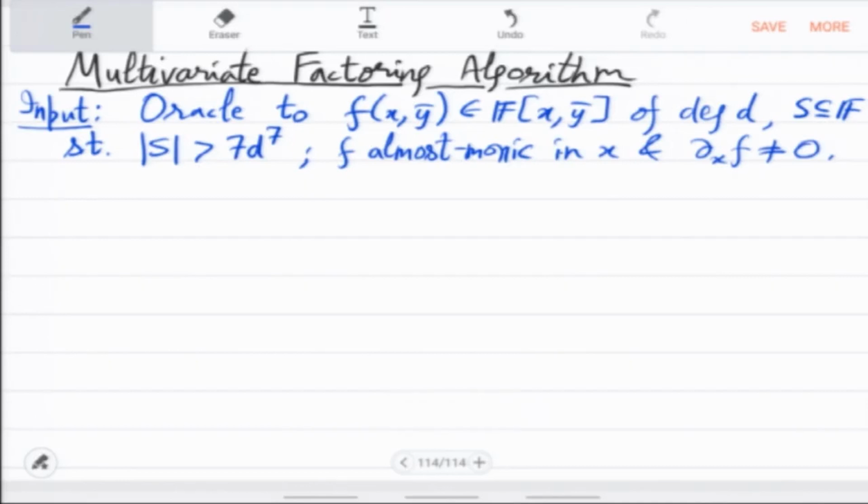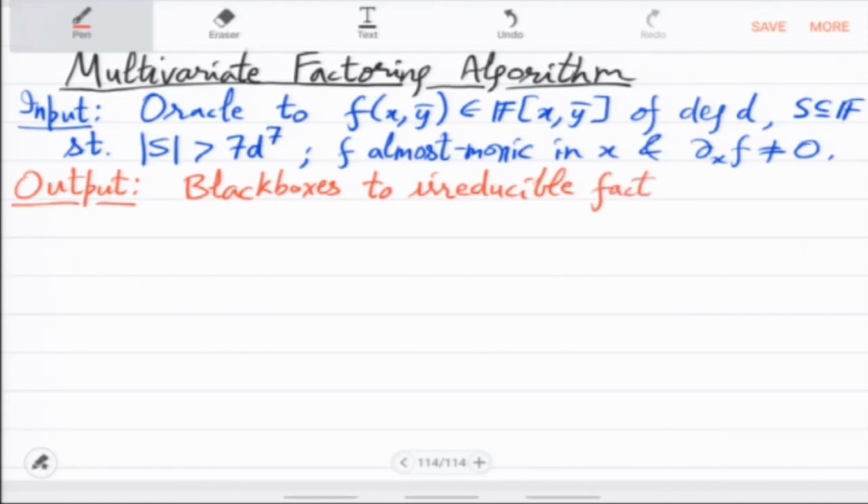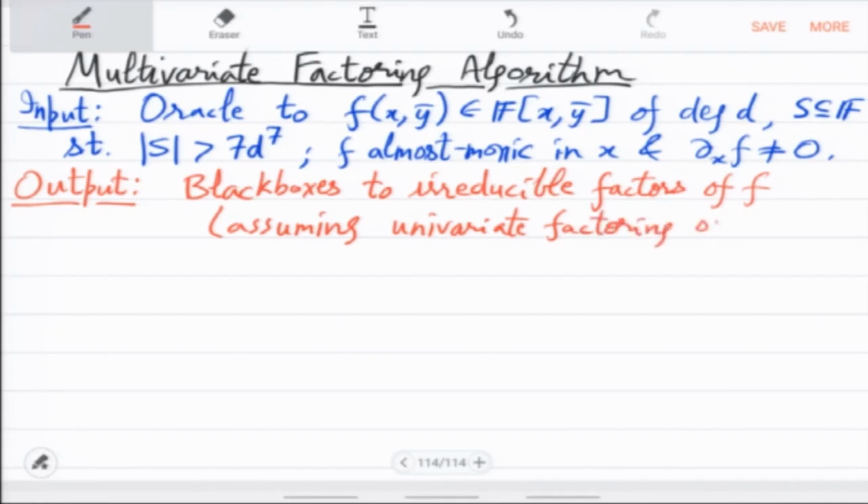Okay. Now, in the output, you will get black boxes or oracles to irreducible factors of F, assuming that you can factor univariates over the base field F. If you don't know how to factor univariates, then obviously you will never know how to factor multivariates.